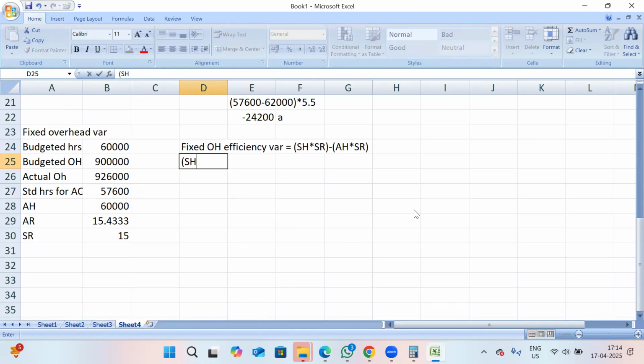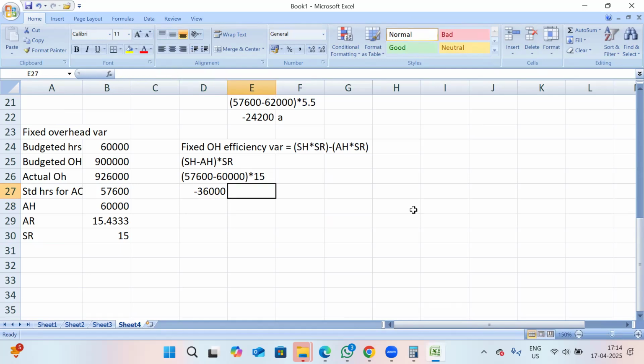So standard hours minus actual hours into standard rate. My standard hours is 57,600, actual hours is 60,000. For calculating overheads, I'm referring to machine hours, not labor hours. You remember that. My standard rate is 15. So 36,000 adverse.